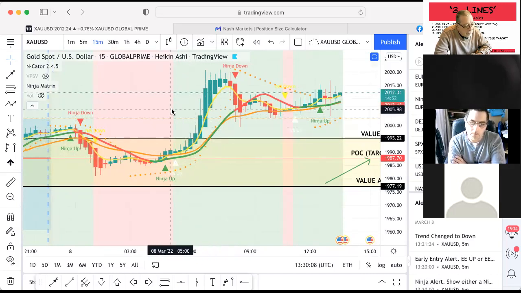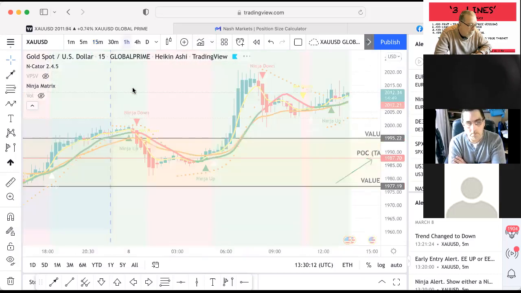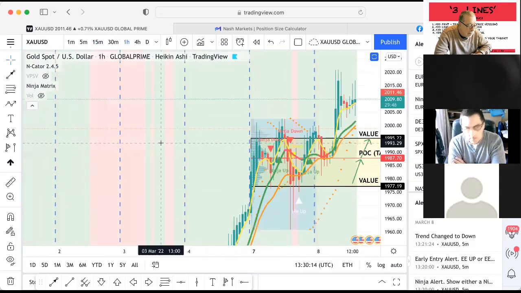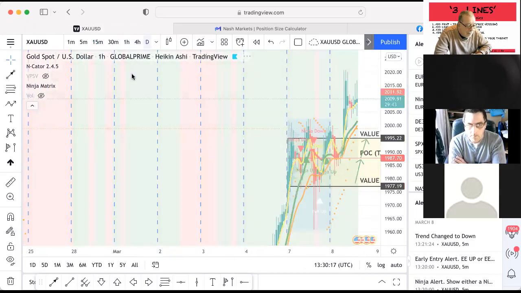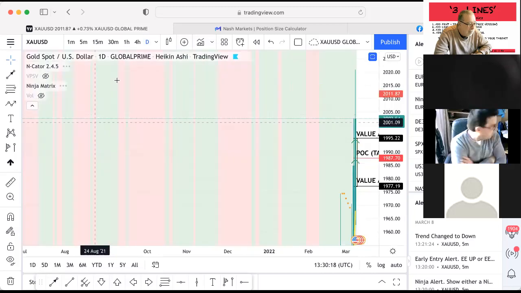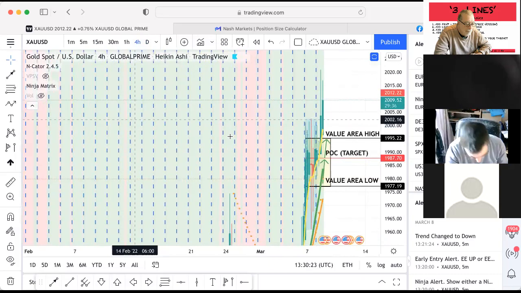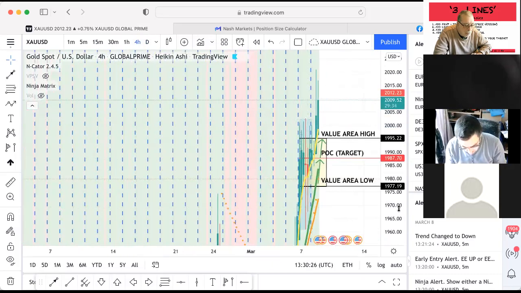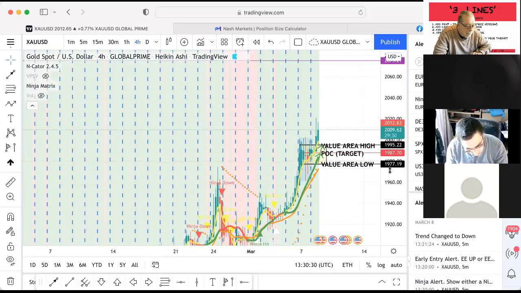particularly in recent times when gold, let's just have a quick look at the trend in gold in recent times.